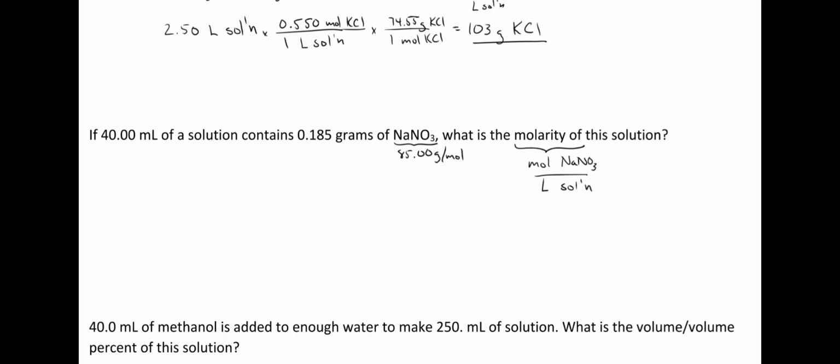And we can now figure out this first part by simply converting 0.185 grams of sodium nitrate to moles using the molar mass. So we want to cancel out grams of sodium nitrate, and we put that in the denominator.